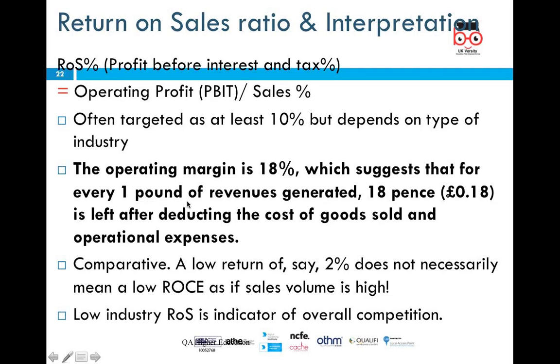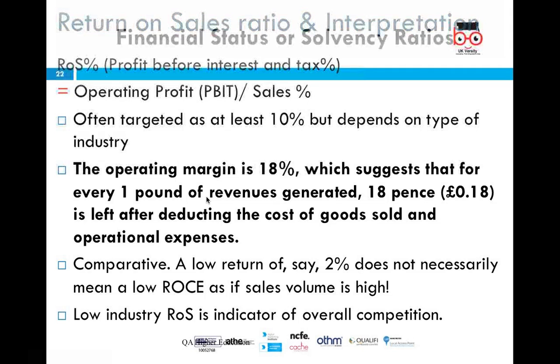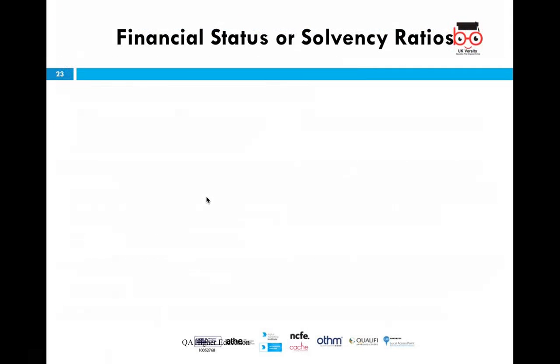If it is 18%, that's 18 pence left from every £1 of revenue generated. So this is the explanation of the operating profit margin calculation, and you have to express it this way as interpretation from your financial data and ratio calculations.